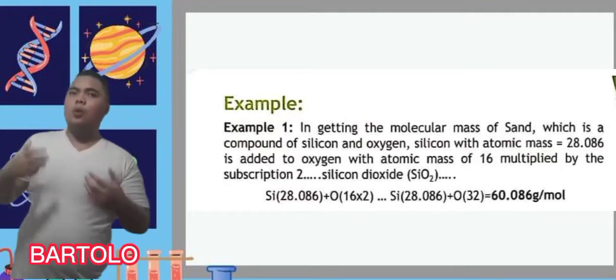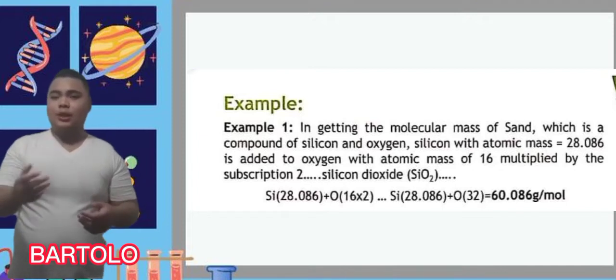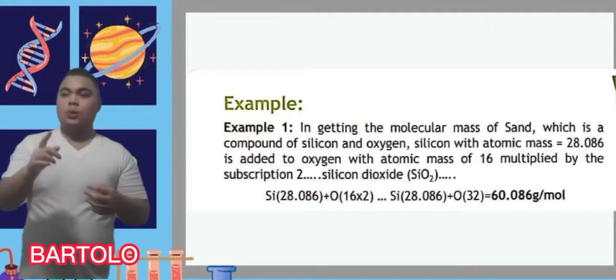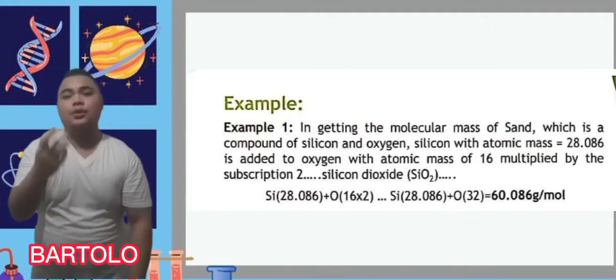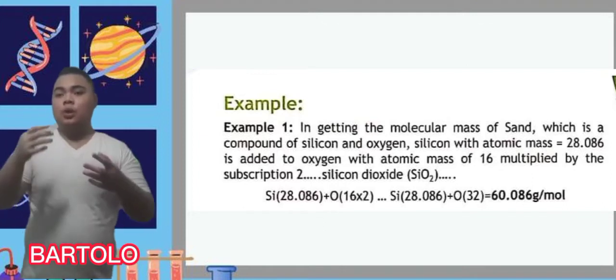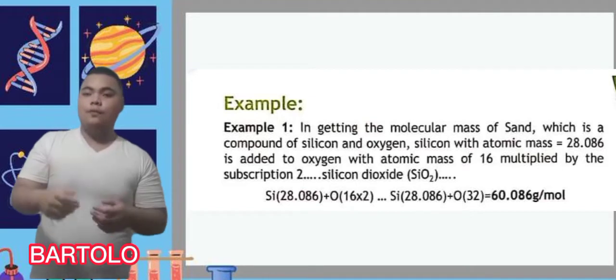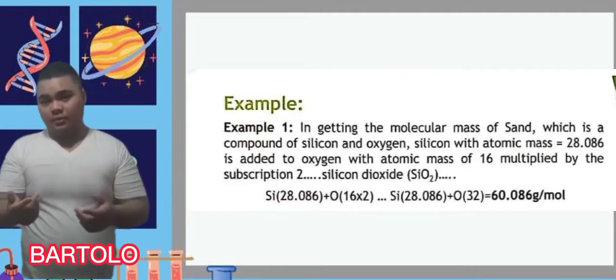How did we get the 32? The 32 is the product of 16 times 2. So, 32 plus 28.086 equals 60.086 grams per mole, which is the molecular weight or molecular mass of sand, or silicon dioxide.